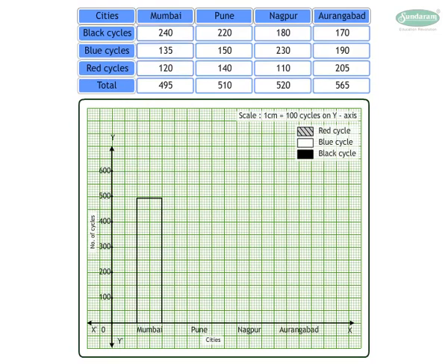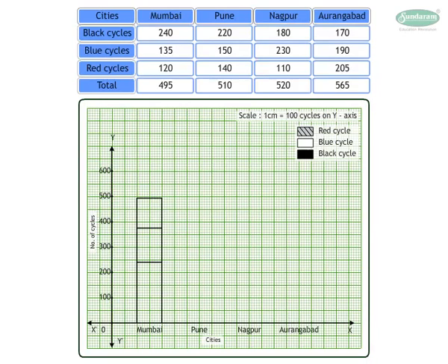Since there are 3 types of bicycles, a single bar will be divided into 3 parts. Let us mark 240 on the bar graph for black bicycles. Now add 135 to 240, that is 375. Mark at 375 on the bar graph for blue bicycles.